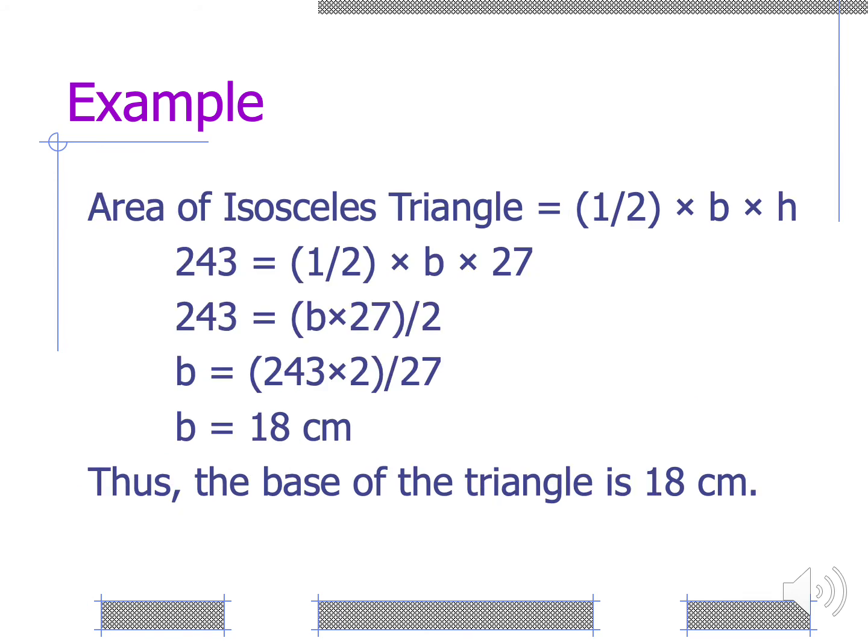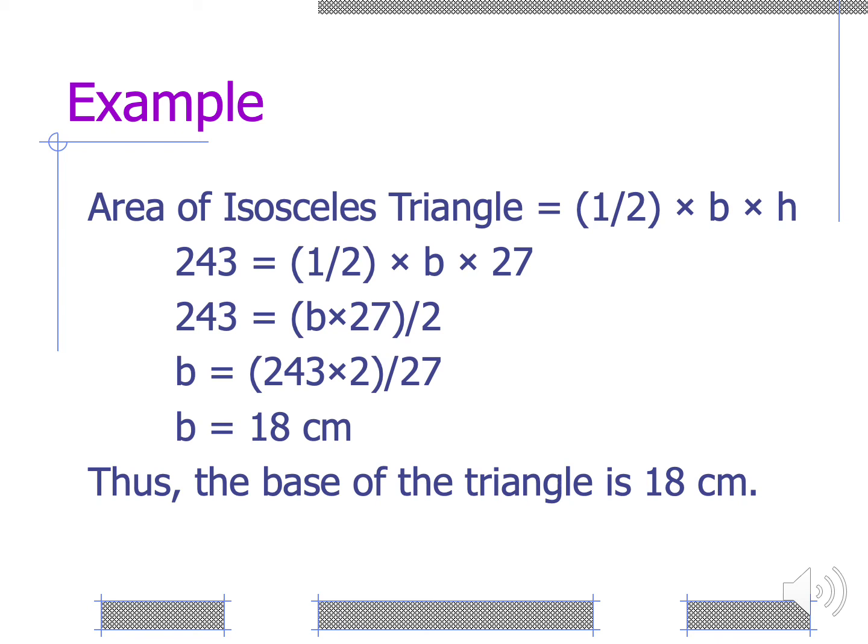Okay, so we will use the formula 1/2 bh, and then from the given, you plug it into the formula. So area is given as 243 equals 1/2. b is unknown, so 1/2 b times 27. Okay, and then do algebraic manipulations. So to get rid of 1/2, you multiply 2 to the other side.